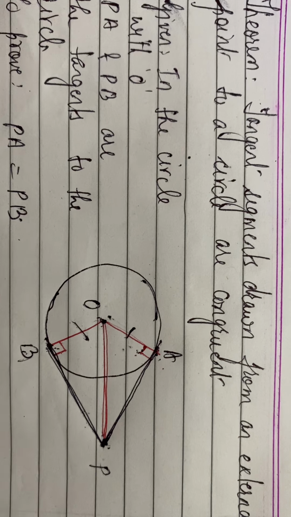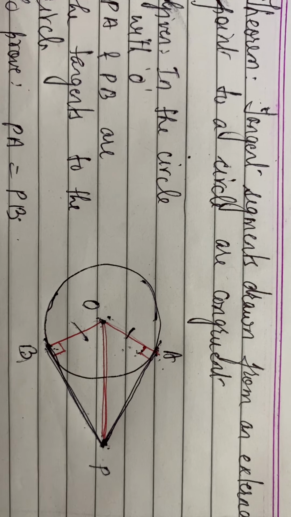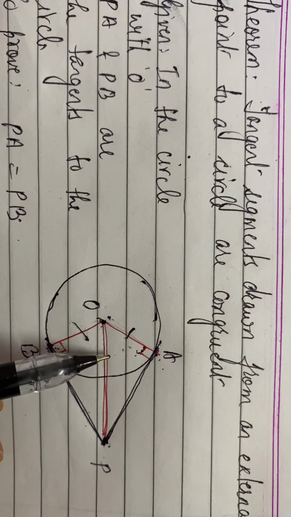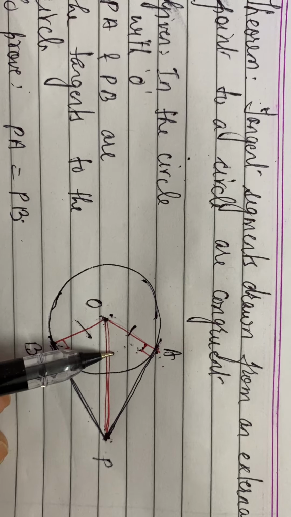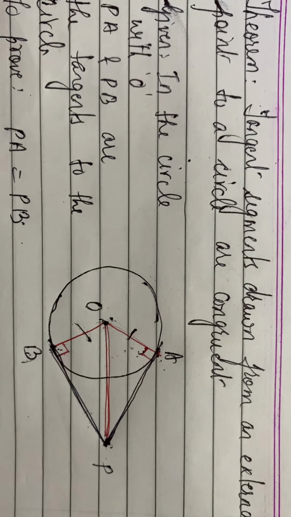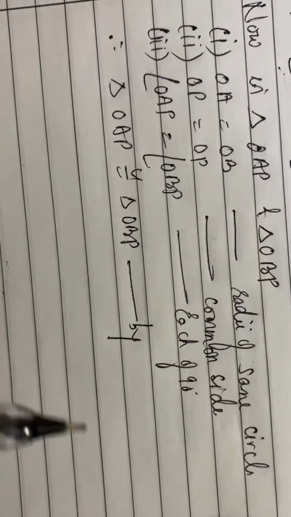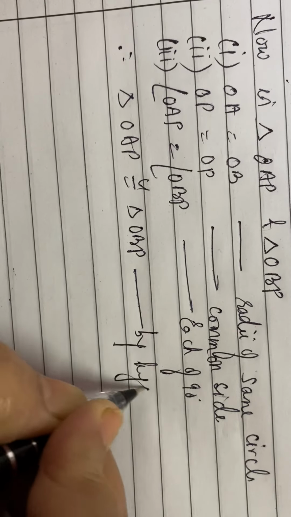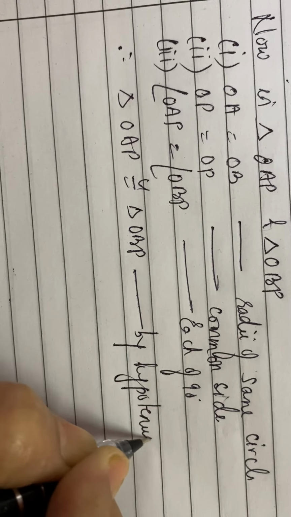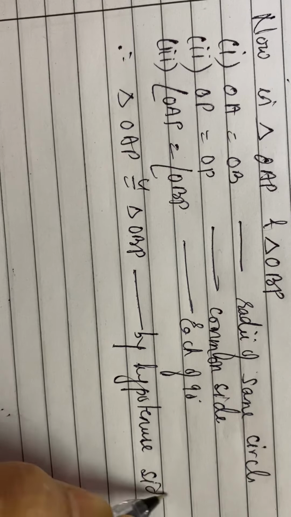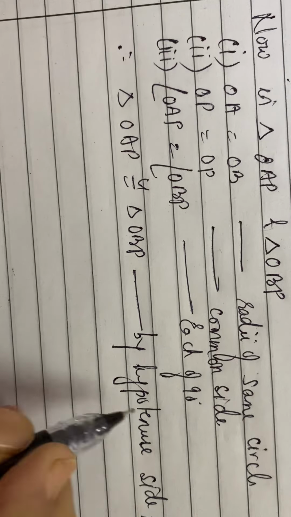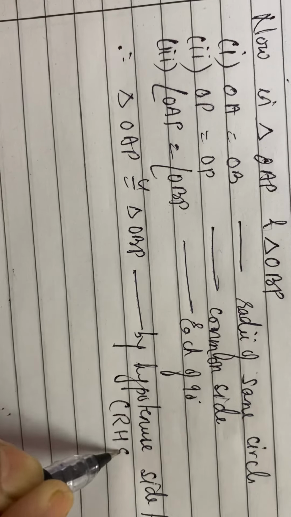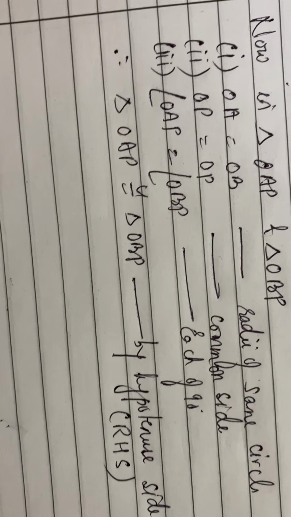There is no SSA test, students, please remember. This is your hypotenuse side test or the right hand side rule. Okay, so it is by hypotenuse side test, or we also call it as the right hand side rule, RHS test.